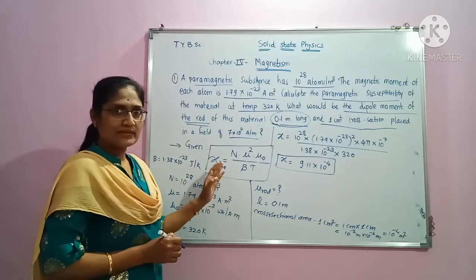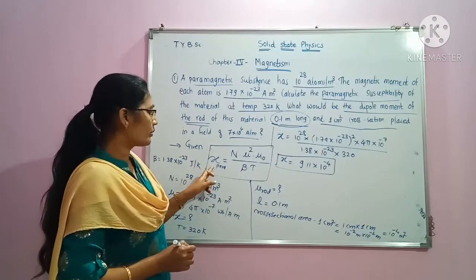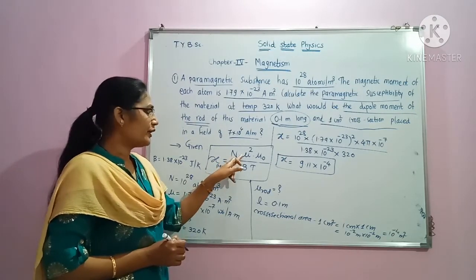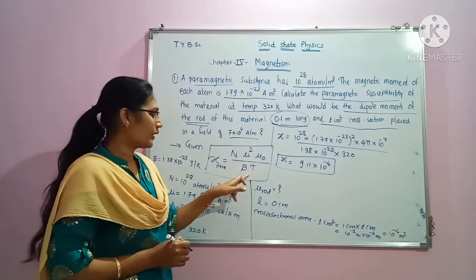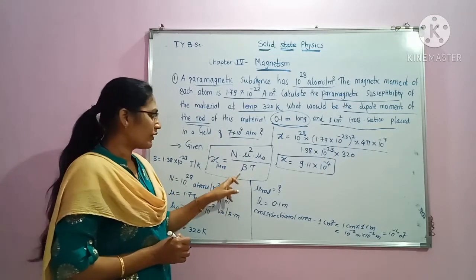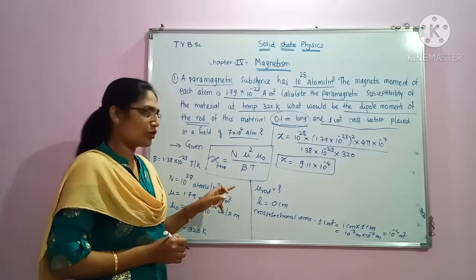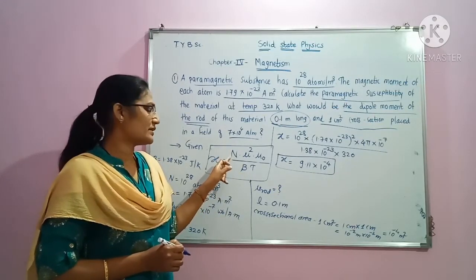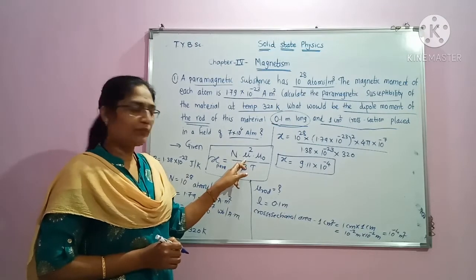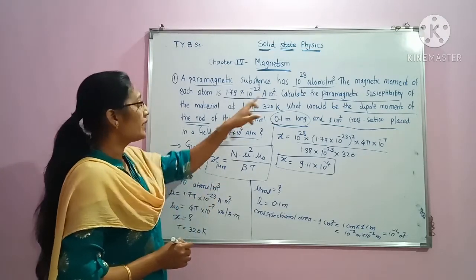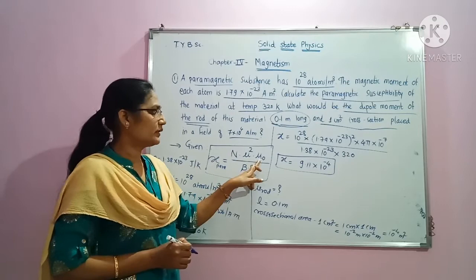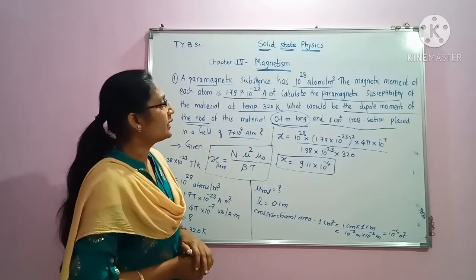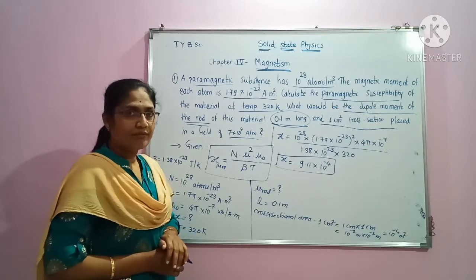So let's revise this much. Initially we have to calculate the paramagnetic susceptibility. Its formula is N into mu square into mu naught divided by beta T, where beta is the Boltzmann constant, T is absolute temperature, N is the number of atoms present in the substance, mu is the dipole moment of each atom, and mu naught is the permeability of free space.